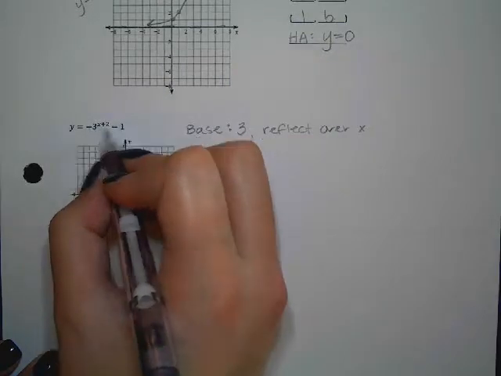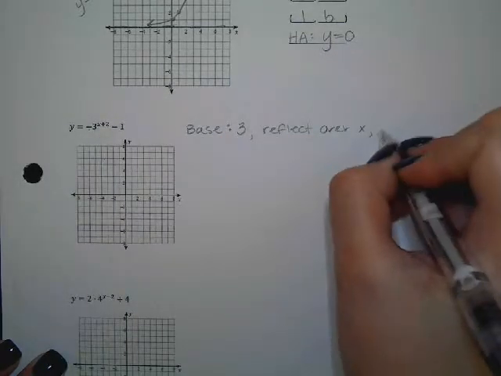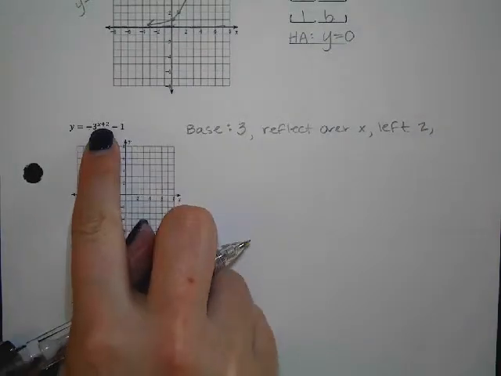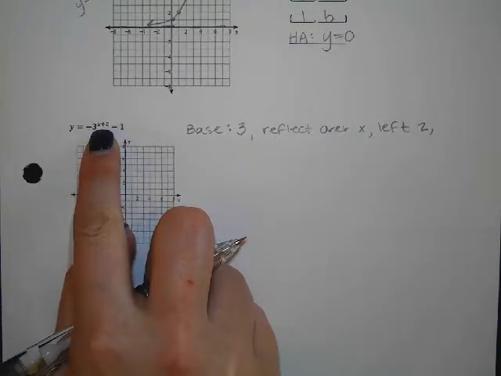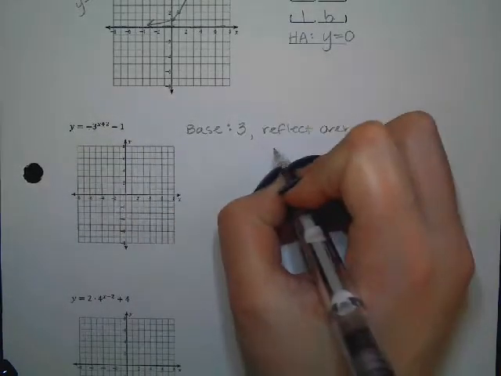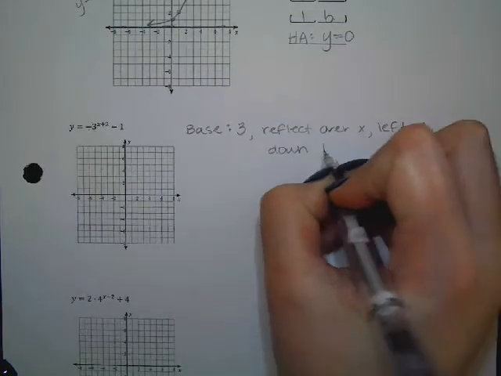It has been shifted to the left 2. So you'll see that the inside of the function, it doesn't have parentheses this time because everything would be written up as an exponent. But if you want to put parentheses around the exponent, you can. That's the part that tells you how much it shifts to the left or to the right. And then it has shifted down 1.